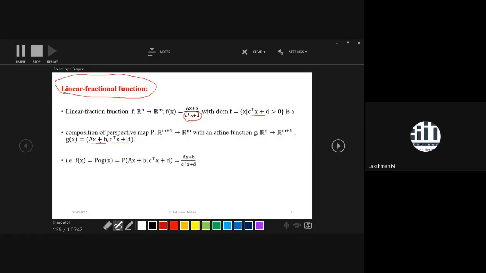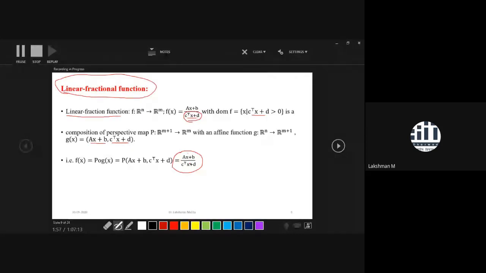If you take the composition of P with G, where G is your affine function and P is your perspective function, you will get your linear fractional function. Here the numerator is linear and the denominator is one over a linear function, and that function we call a fractional function. So that concept is coming here.